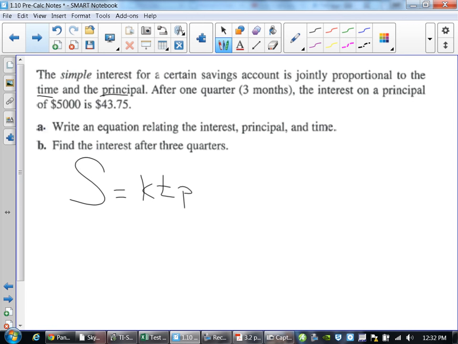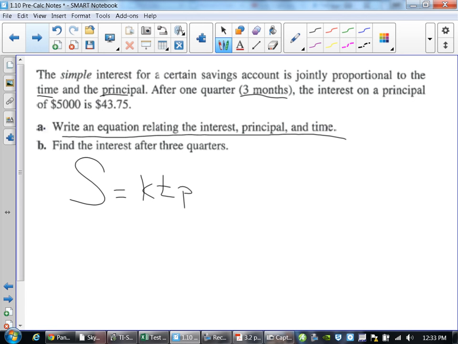After 1 quarter, 3 months, interest on a principal of $5,000 is $43.75. So to write the equation relating interest, principal, and time, simple interest is some constant times the time and principal. I think the value of time here is in months. I cut that off from the problem, so I apologize. It'll tell you whether it's going to be monthly or daily or something.